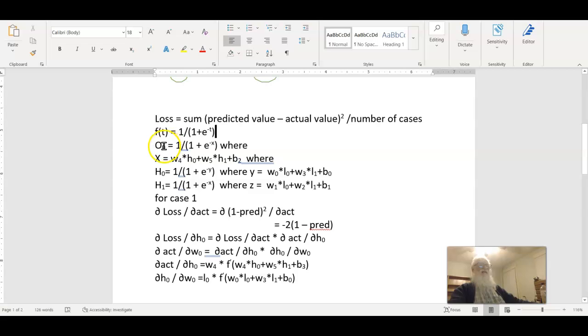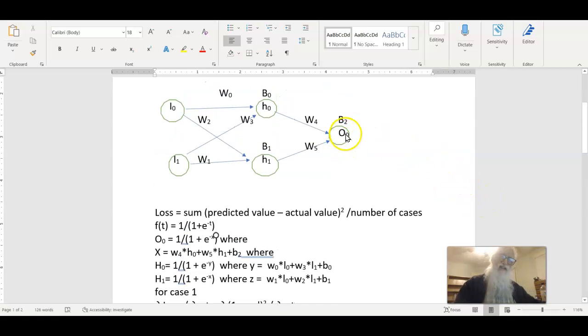The loss, let's look at order O0, the output. Again, the way we get the output is to compute the values coming in and put it through the sigmoid. So 1 over 1 plus e to the minus x, where x is whatever comes in from this computation.